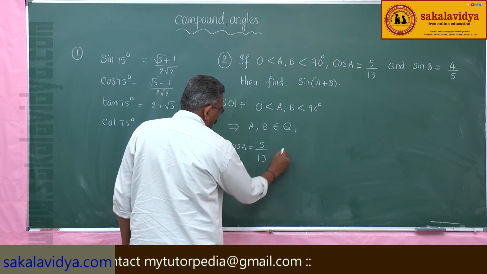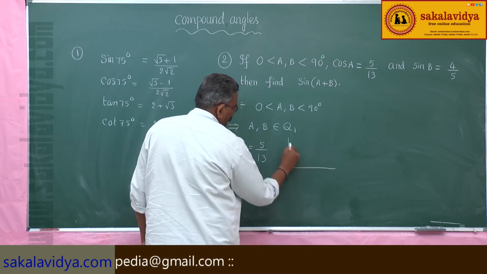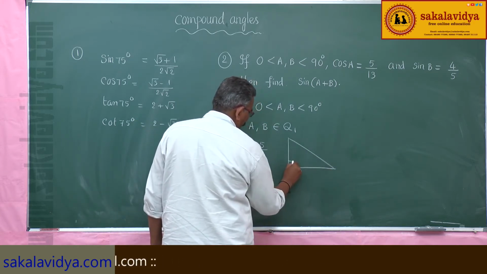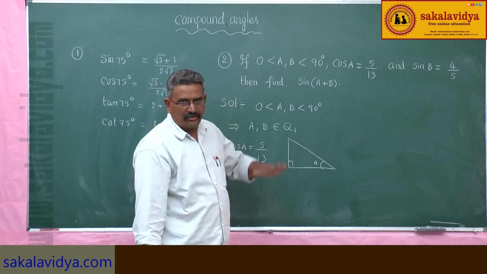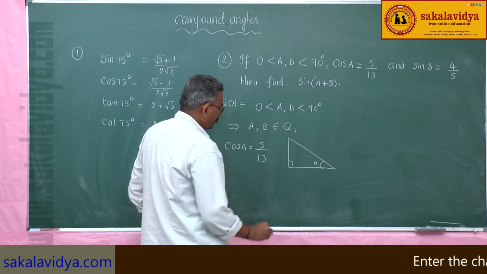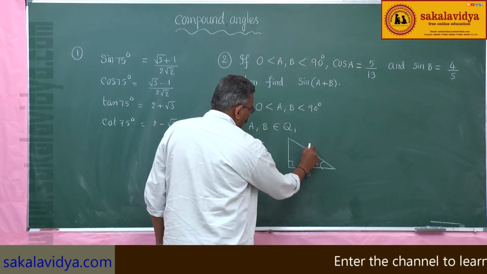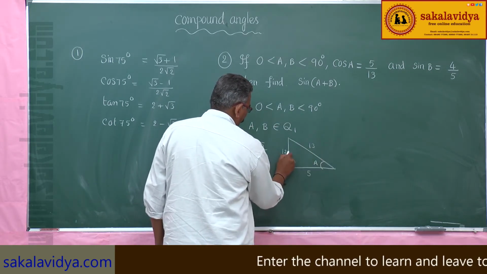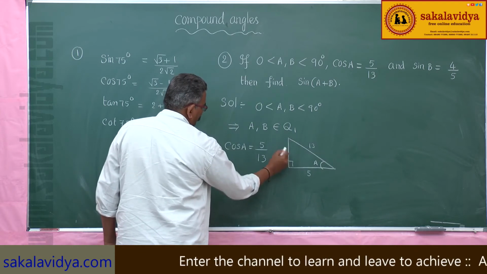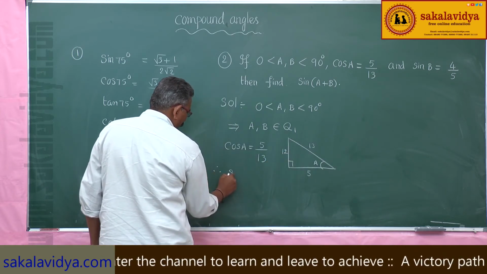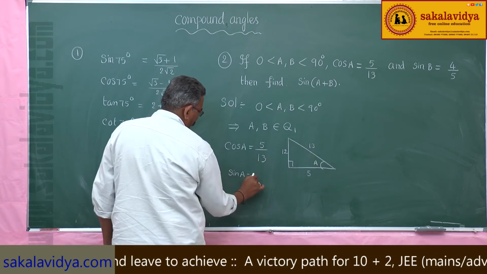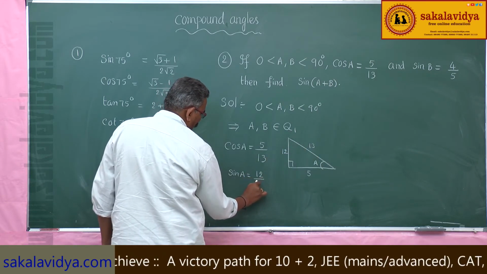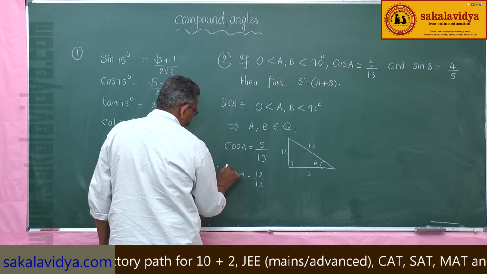Just take the right angle triangle, say this angle is A. We know cos A is equal to adjacent side by hypotenuse, 5, 13, this will be 12. Therefore, sin A is opposite by hypotenuse, 12 by 13.